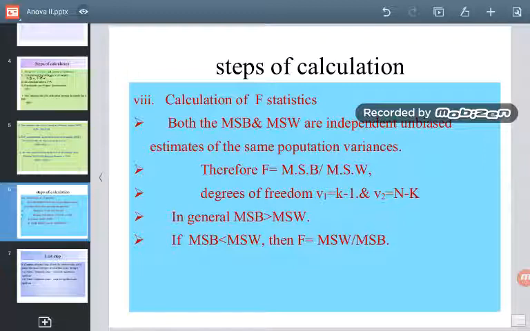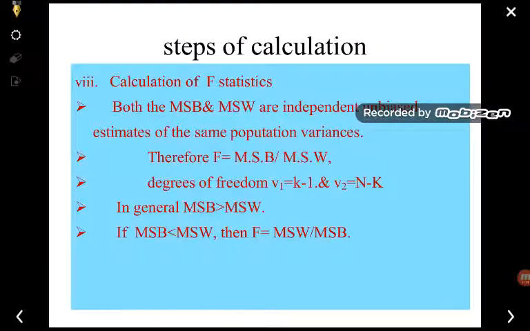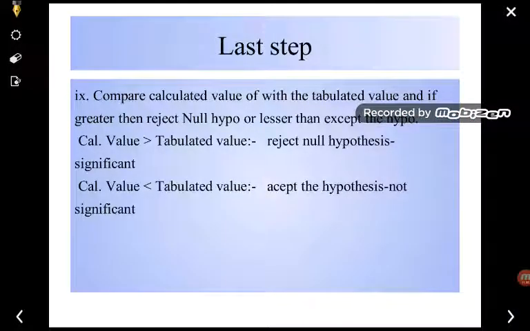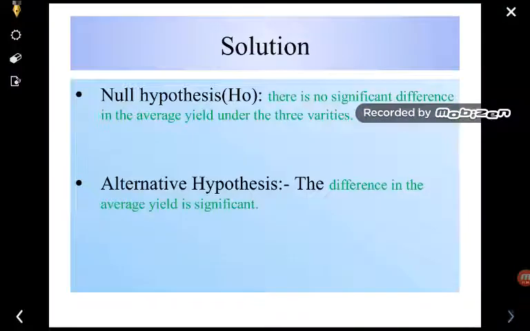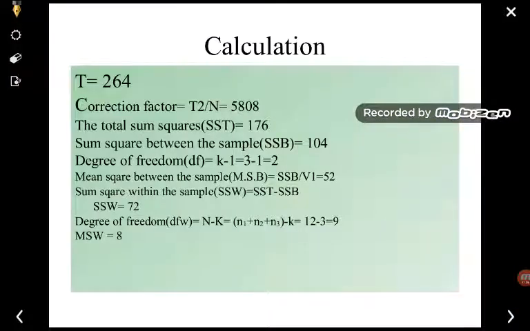So coming up to the second last step of the ANOVA, here we have to find out the F. F can be calculated by dividing the MSB by the MSW. All the calculated values should be represented in the form of a table.